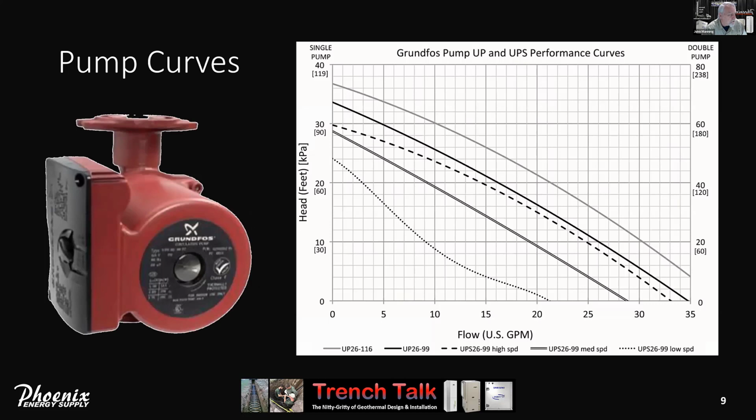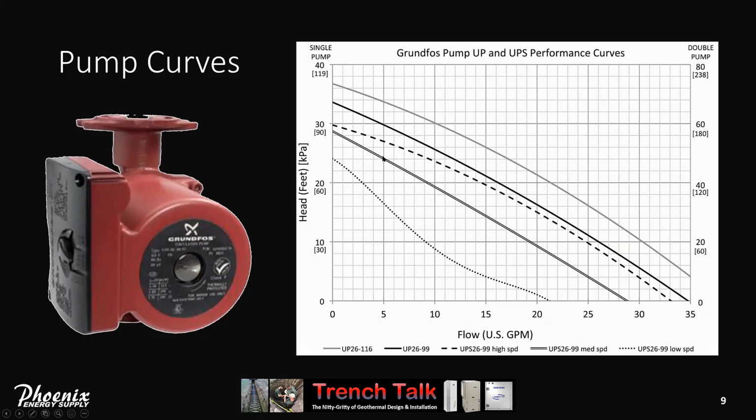So let's shift gears and talk about pump curves. The Grundfos 2699 has been the backbone of our industry for as long as I can remember. And this pump curve illustrates the 3 speeds of the current 2699, which is predominantly a 3-speed pump.